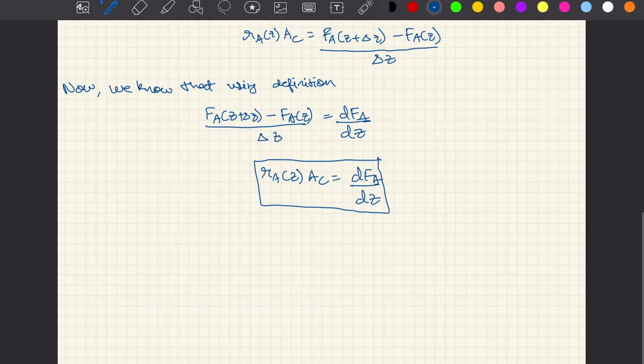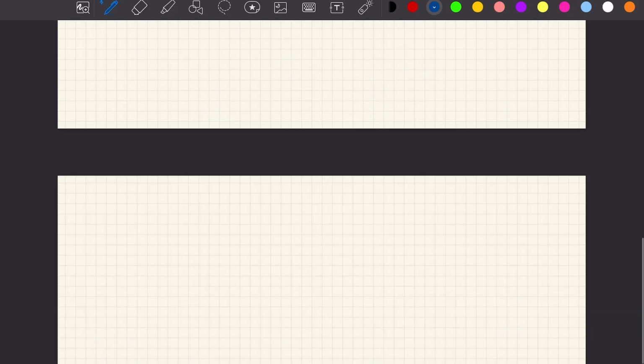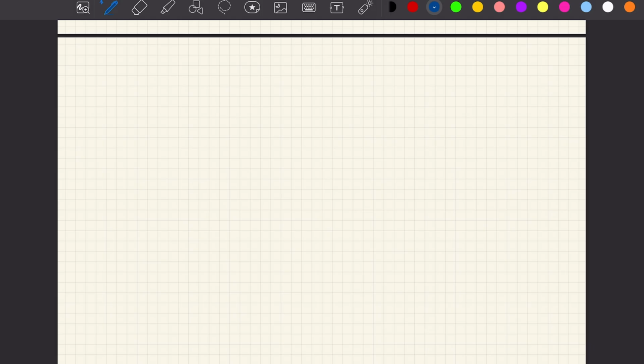Now this equation can also be converted into terms of concentration depending on our problem. So let's look at that as well. CAZ is the concentration of A in mole per meter cube.